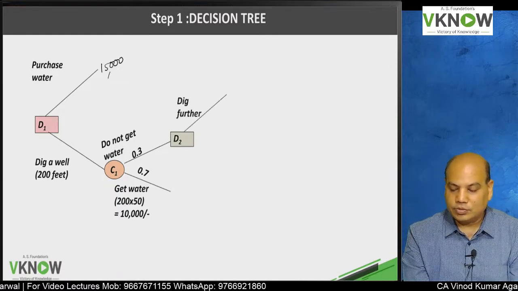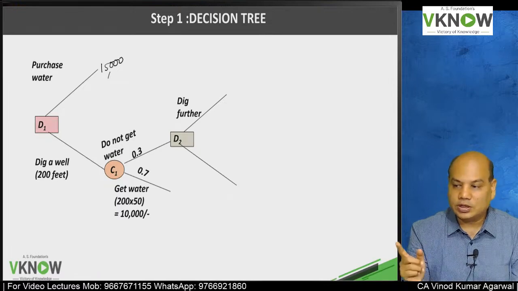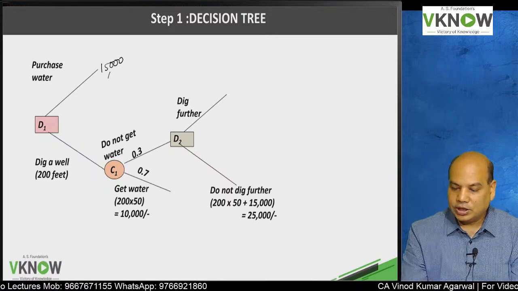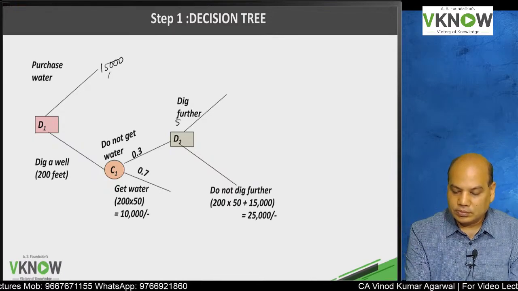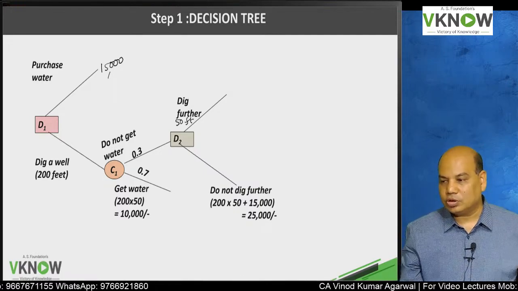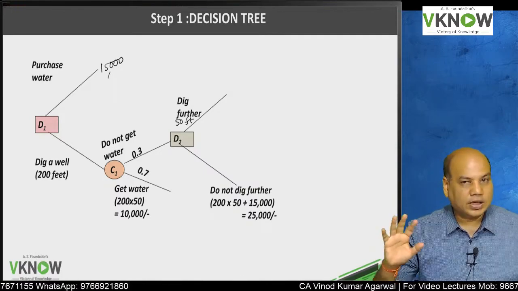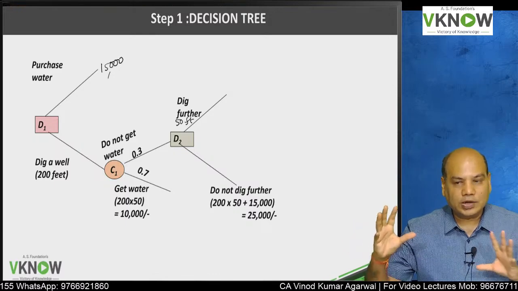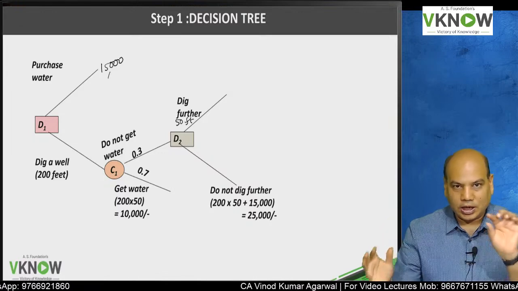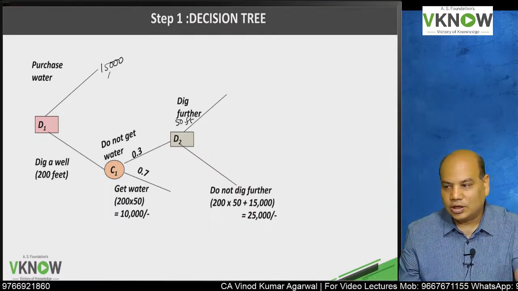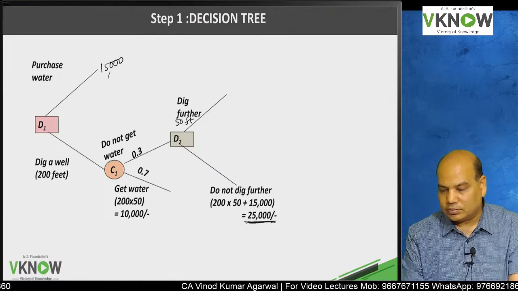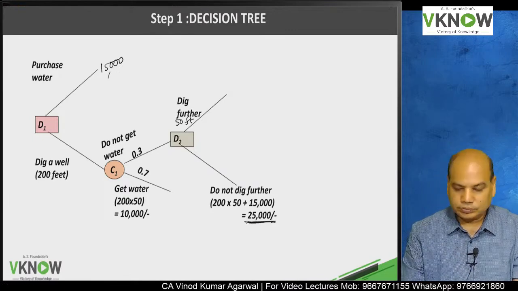The decision I have to take, should I dig further 50 feet or do not dig further? If I decide not to dig further, I will purchase water from the market for 15,000 and I have also incurred the digging cost of 10,000. So my total cost will become 25,000.